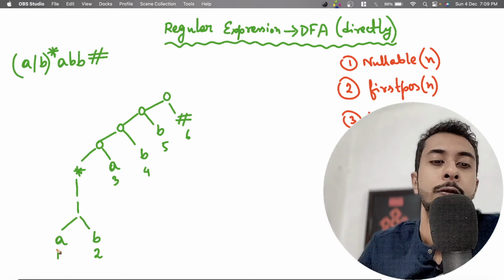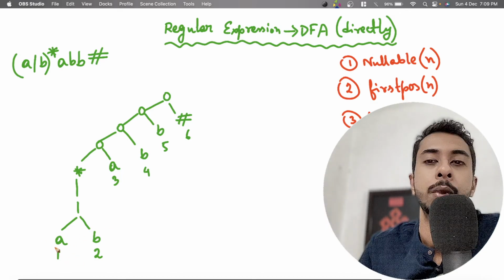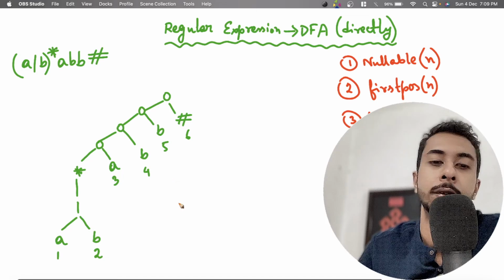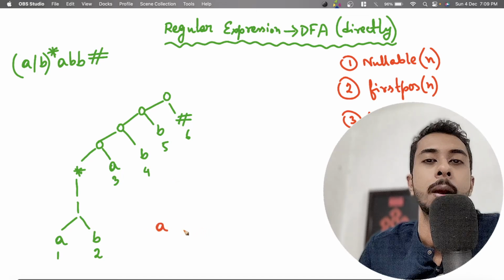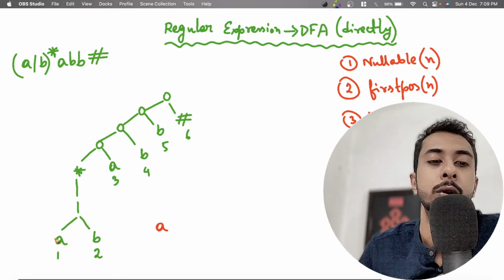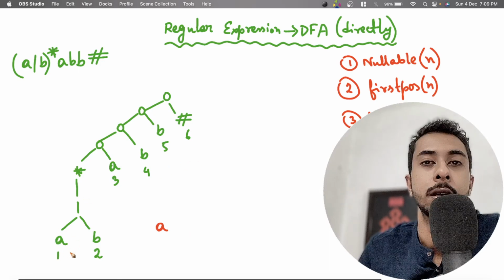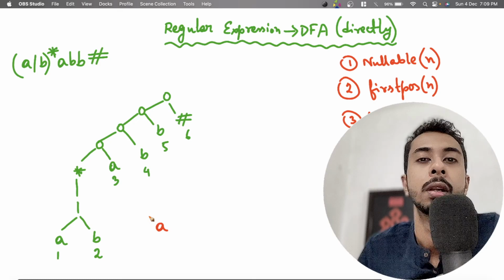So you see, the leaf nodes, can they be made nullable? Can I say there is a string A? Is it nullable? No, right? Because if A is present, how can null replace A? It's not possible. That's why a leaf node cannot be nullable.